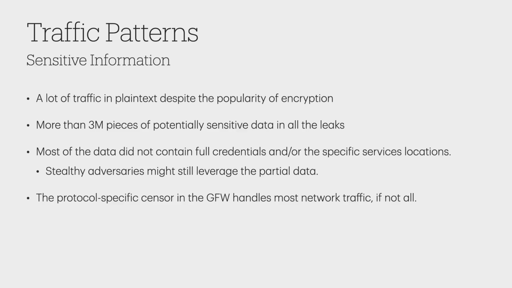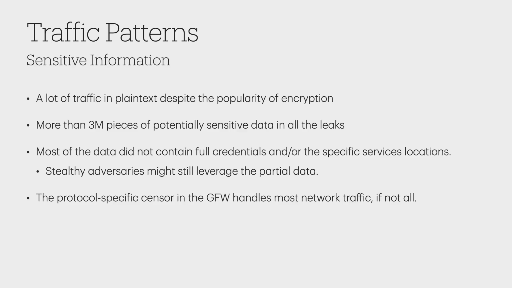With regular expressions, we found more than 3 million pieces of possibly sensitive data, ranging from HTTP credentials to email passwords. Although after manually inspecting some data, we found most leaks did not contain full credentials, and it's hard to locate the service without the source or destination IP addresses. The stealthy adversaries might still leverage the partial data for their attacks.